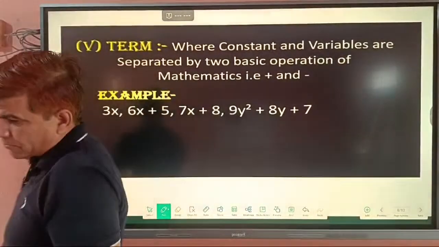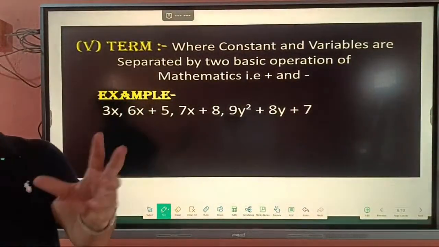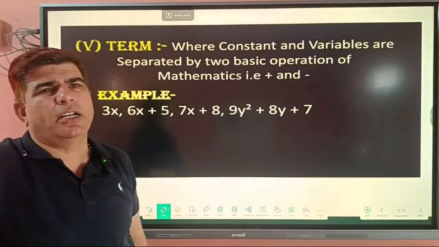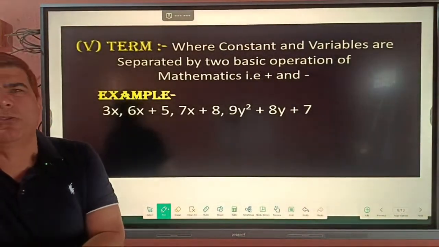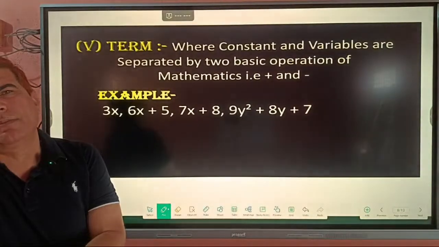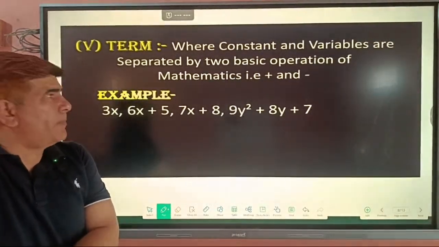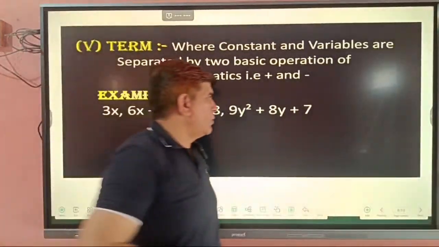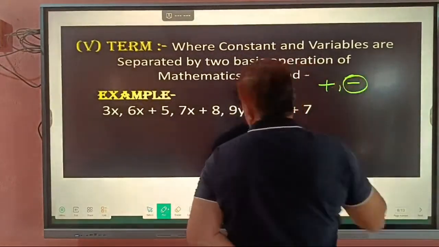Next coming, term. Try to understand the difference between term and algebraic expression. Algebraic expression, I already told you, is where constant and variable are connected with the four basic operations of mathematics. A term is where constant and variable are separated by the two basic operations of mathematics, meaning plus and minus.